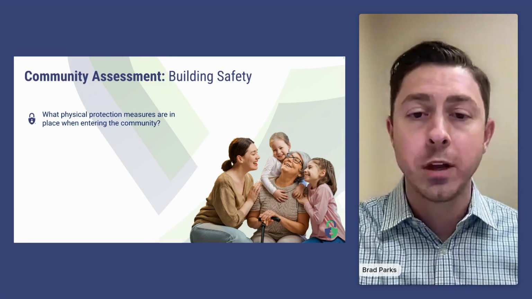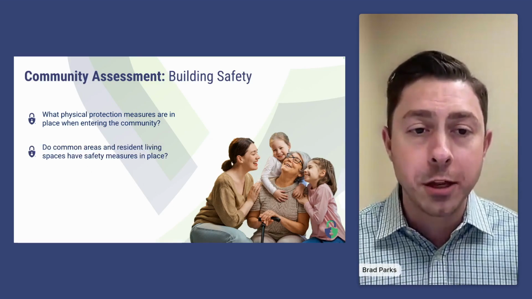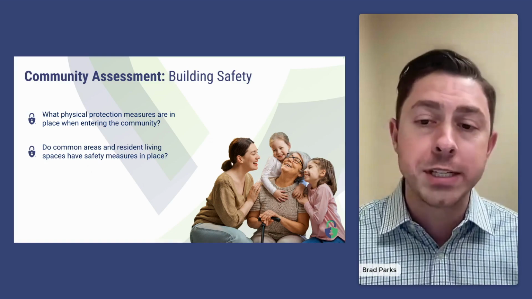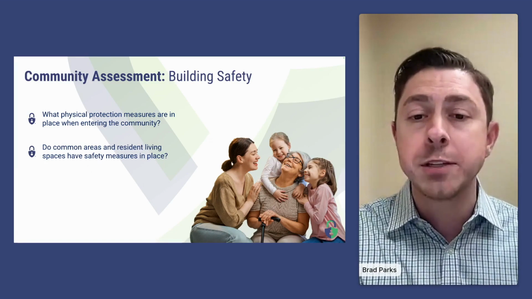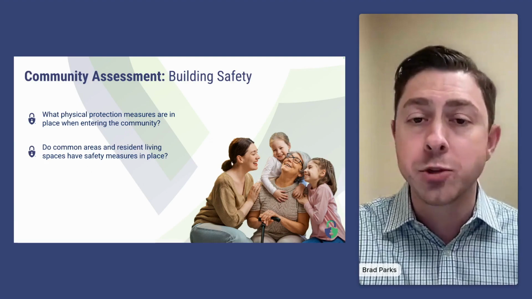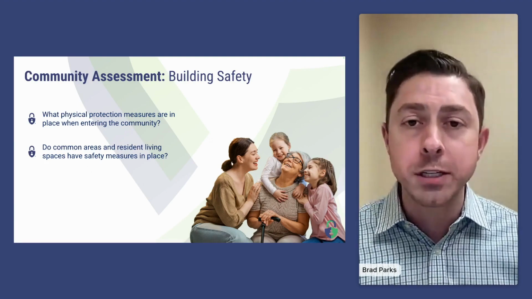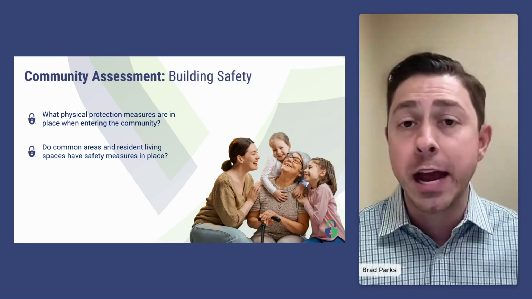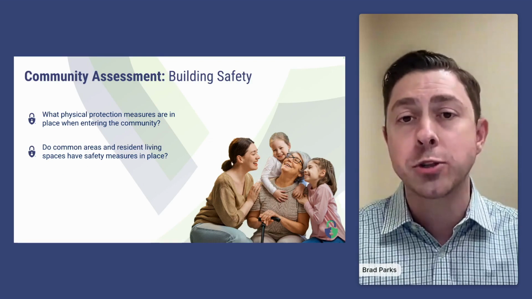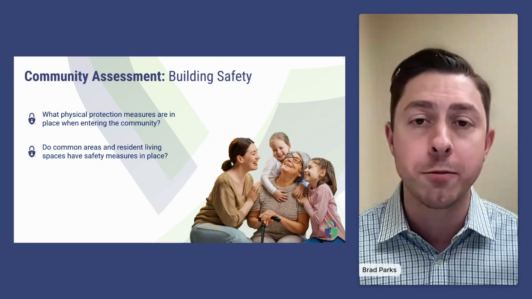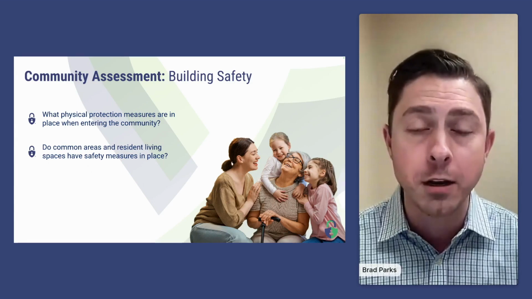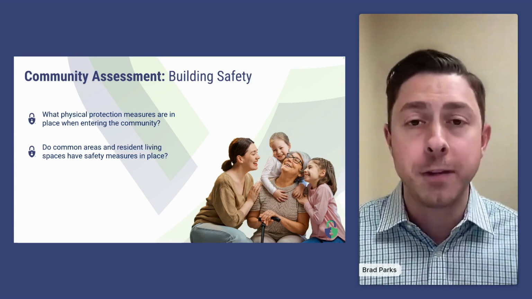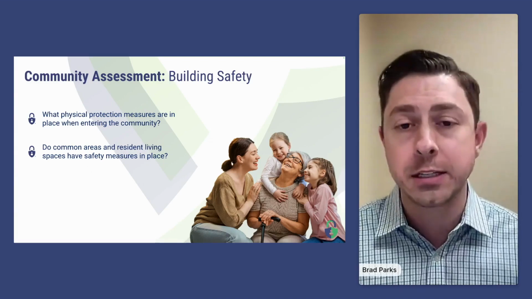So a lot of different items around that first question. The second question that we want to think through today is, do common areas and resident living spaces have safety measures in place? And I'm sure the answer is yes for all of us, but we have to think, to what extent is that answer yes? And then how can we continue to move that forward and offer the most safe and secure environment for not only your residents, but also your staff, families, visitors, and guests.